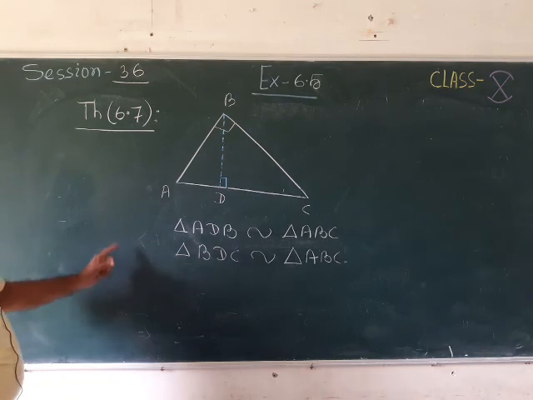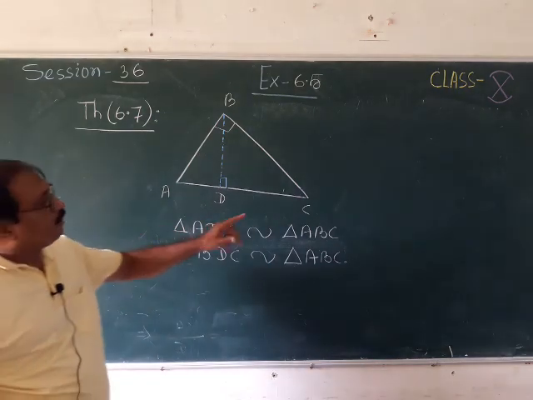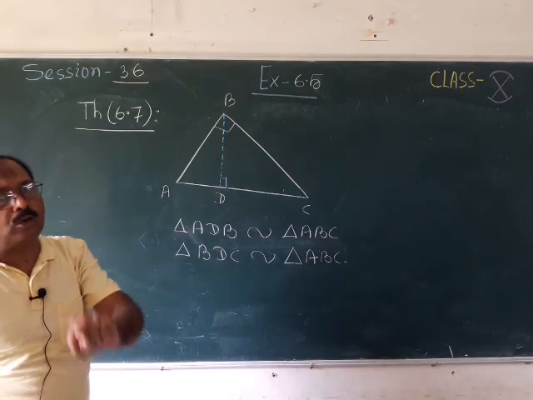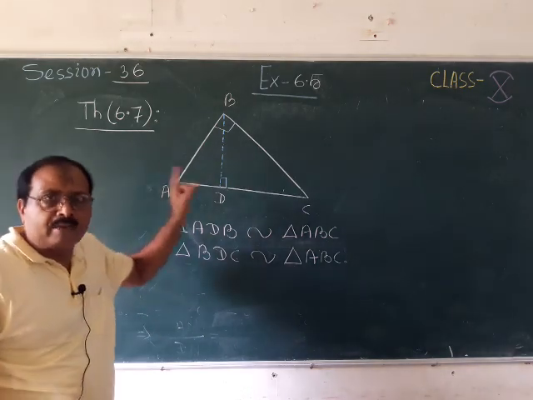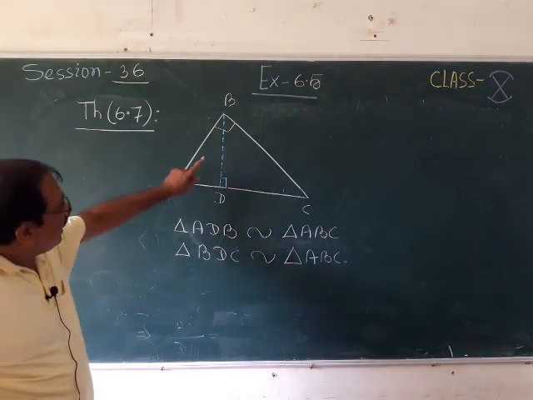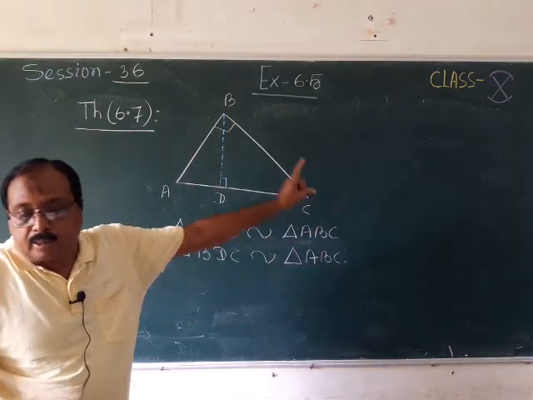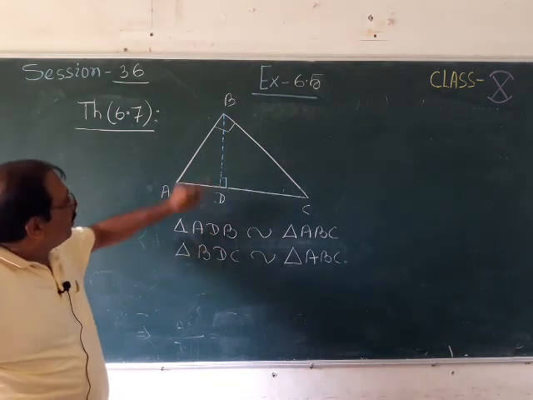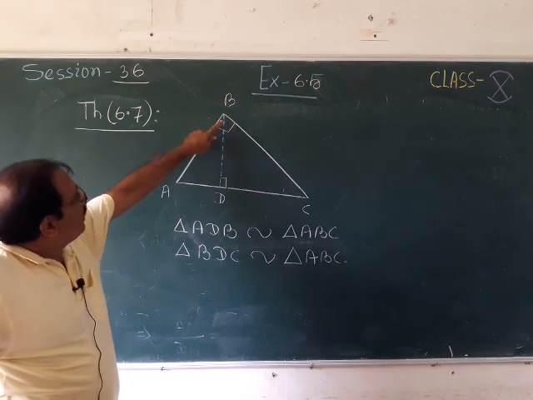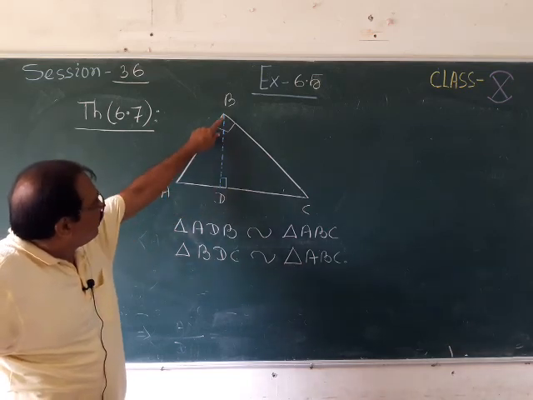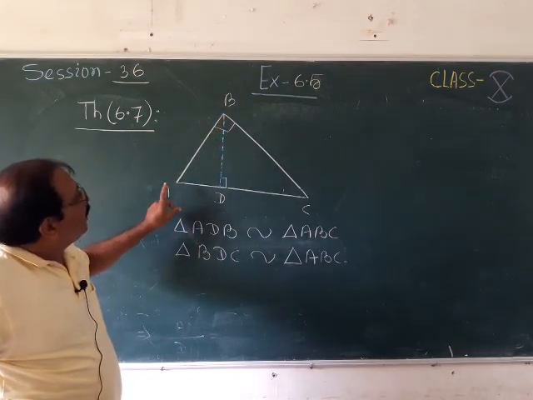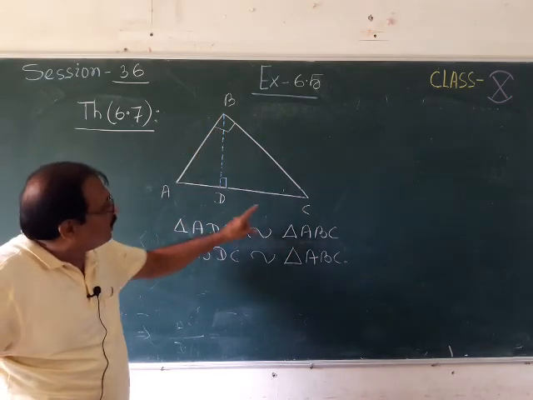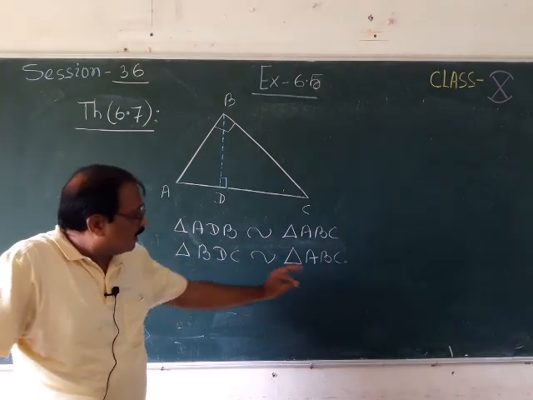The statement of theorem 6.7, and the mathematical gist of that theorem, I have written there. So you need to note down theorem number 6.7 from your book and write down the mathematical explanation of this theorem. Here, the two smaller triangles: triangle ADB is similar to triangle ABC, and again triangle BDC is similar to triangle ABC.